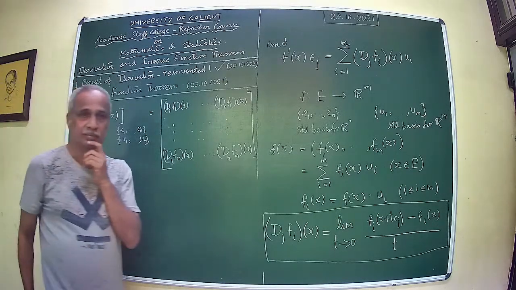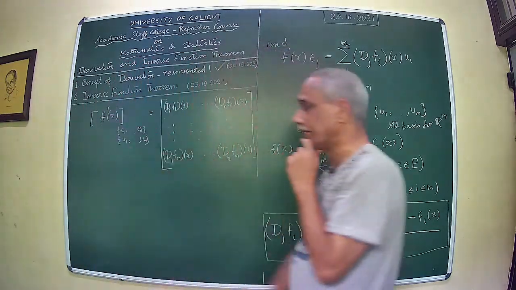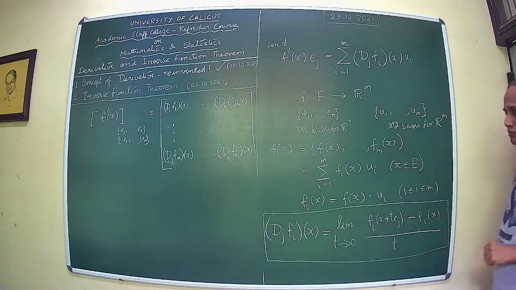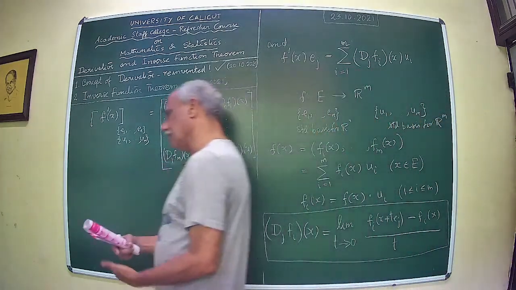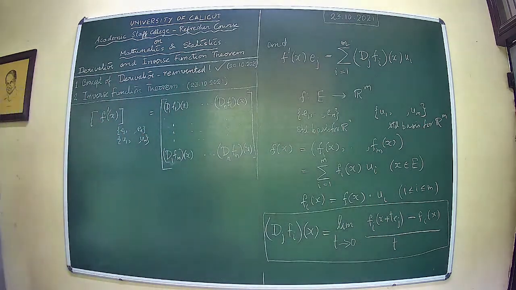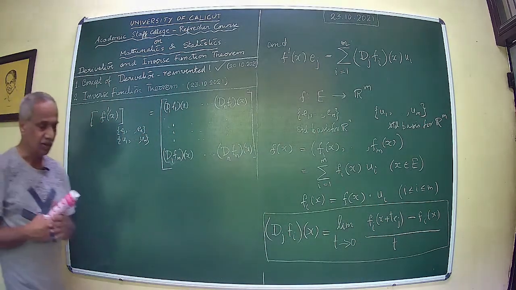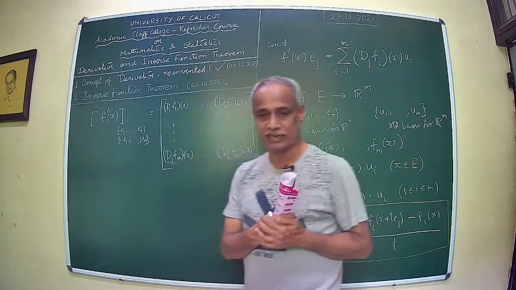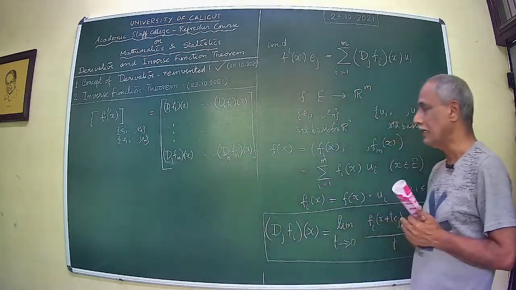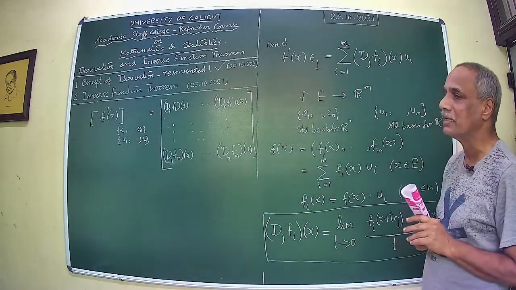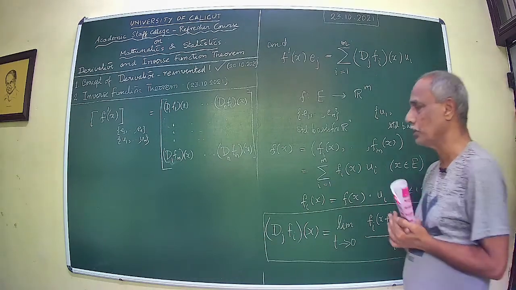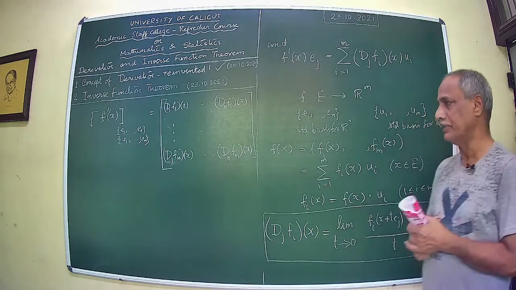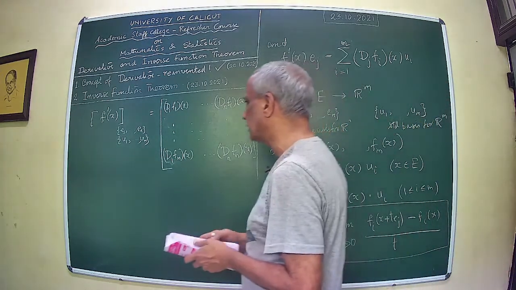But does it mean that f derivative exists? This is the question. Our example has already revealed that this is not a simple question, because in general it doesn't exist. The existence of the partial derivatives does not assure you the existence of the derivative. That we have seen from an example.